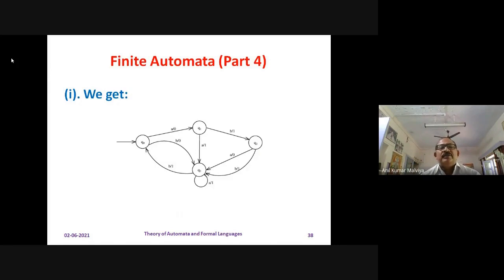This will be the output. So this way you can draw a transition diagram for a Mealy machine.